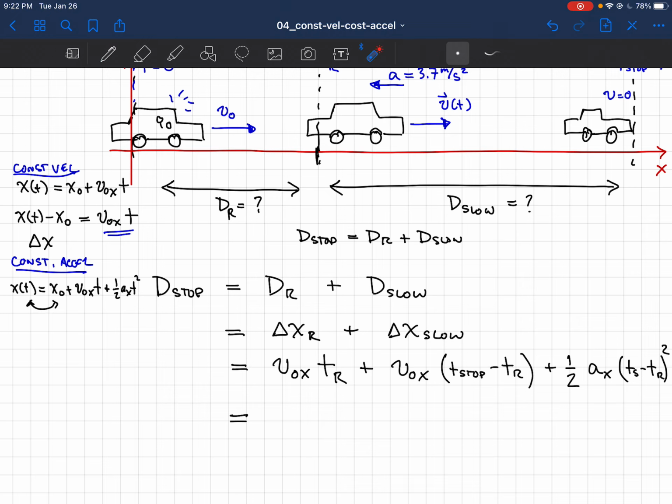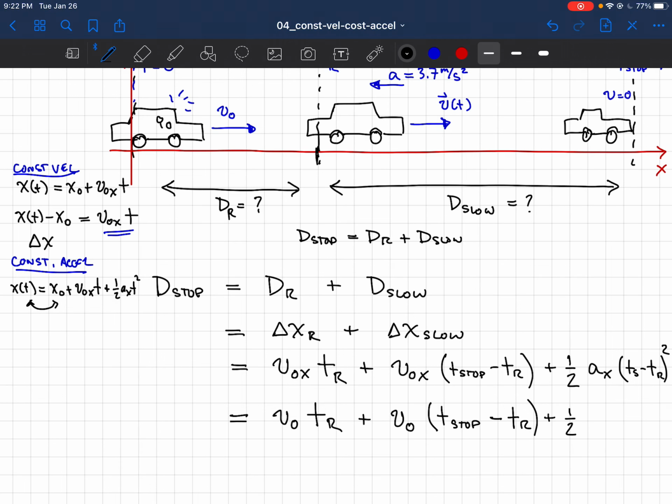So what is v0x? Well, that is a positive component of the v0 vector. We see it's pointing forward. So we can just write that as v0. We still have t reaction. v0x at this moment is again the same because it keeps the same velocity up until that moment. So that is just v0. We have an unknown, t stop, and we have the known, t react here.